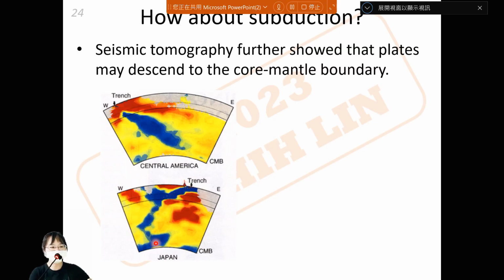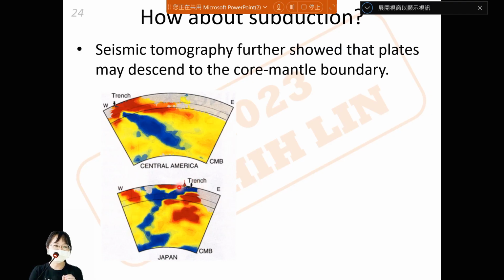The blue-colored patches are the high velocity part. Generally, if the material is under higher pressure and is colder, it will give higher seismic wave velocity. The red part has the lowest velocity, so it's something hotter with lower pressure and lower density.